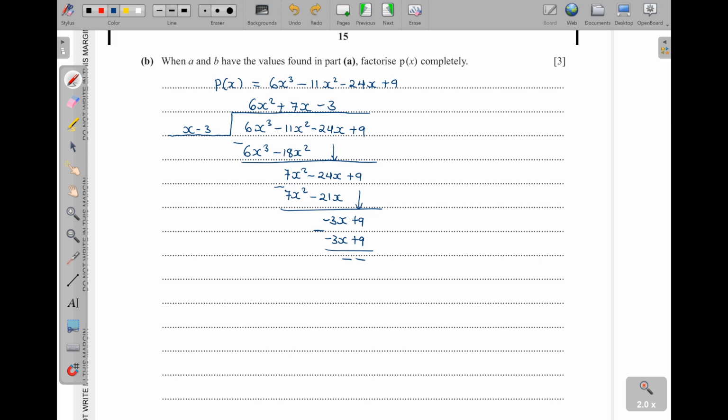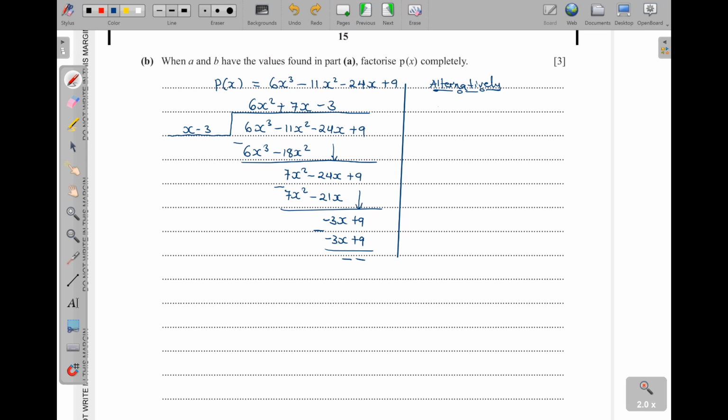Now, after this, you can also use the synthetic approach. Let me show it to you alternatively. But in the exam, don't write alternatively, use one method. So I can write the coefficients of these terms here.